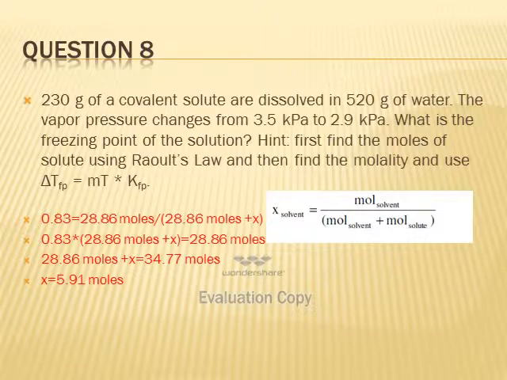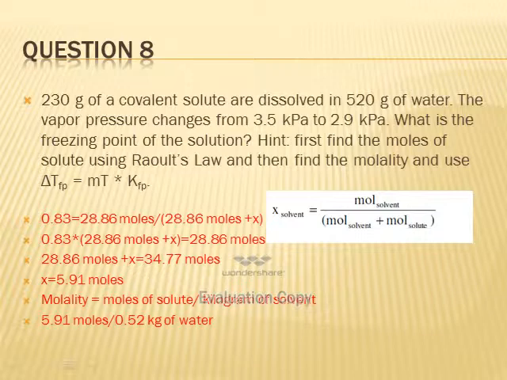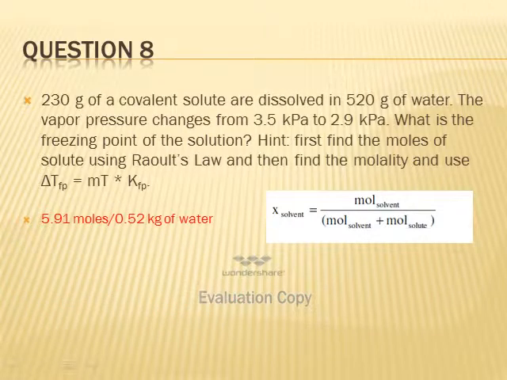Molality is moles of solute divided by kilogram of solvent. So, if 5.91 moles dissolves in 0.52 kg of water, then how much will dissolve in 1 kilogram? 5.91 moles divided by 0.52 kilograms of water gives us 11.37 m.